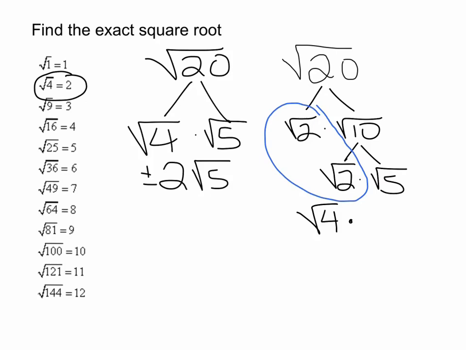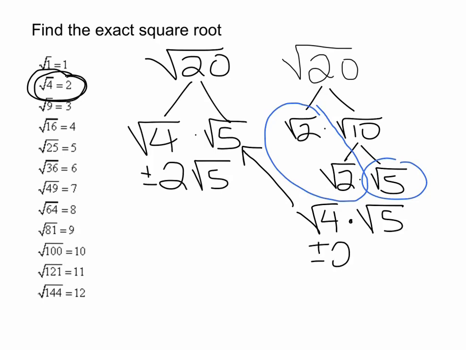I have the square root of 5 left over, so I have square root of 4 times square root of 5, and I have at this step what we had here, the first step of our original problem. So again, square root of 4 gives me positive and negative 2 times the square root of 5.